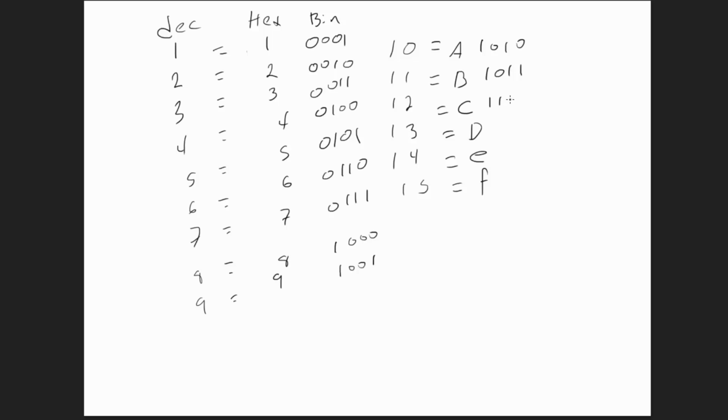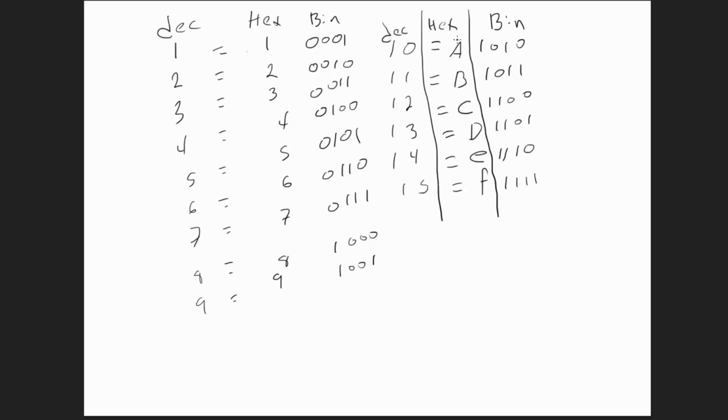Position 8 and 4. 13 is going to be 8, 4, 1. 14 should be 8, 4, 2, no 1. And then 15 should be all of them. And again, this is our decimal, and this is our hex.